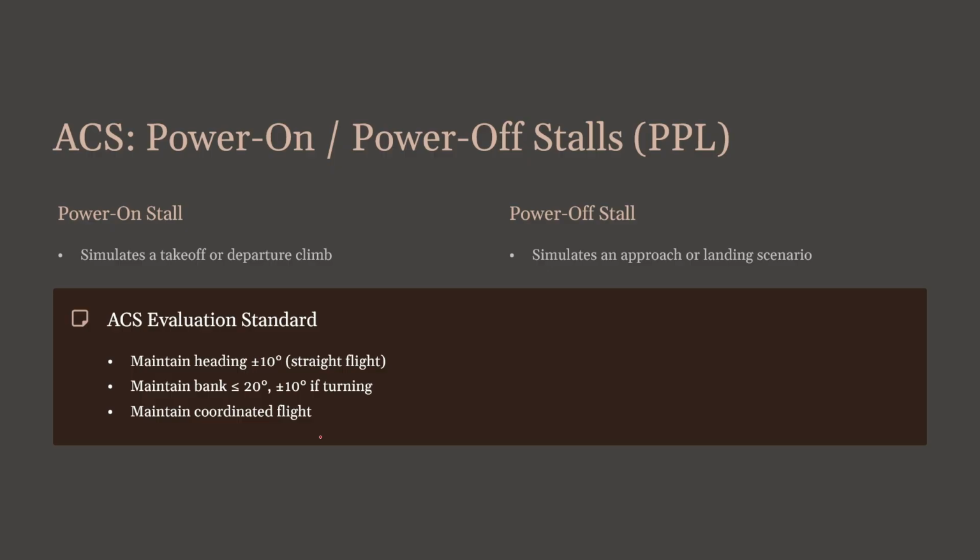Now, one important thing to remember is that the examiner is not just looking for you to stall the airplane. Even while you're inducing the stall, you are still expected to maintain control of the aircraft.